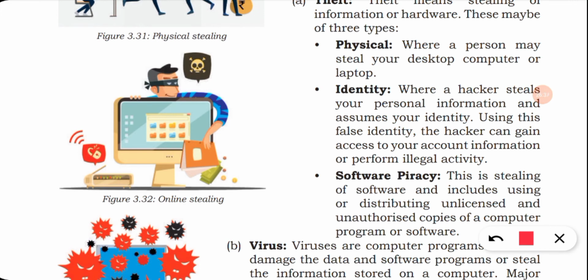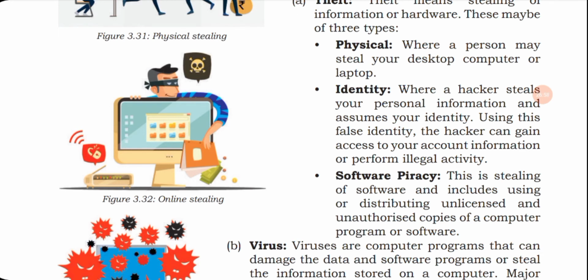Then identity theft, where a hacker steals your personal information and assumes your identity. Using this false identity, the hacker can gain access to your account information or perform illegal activity. Then software piracy.